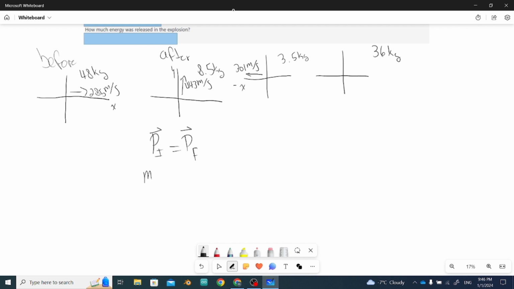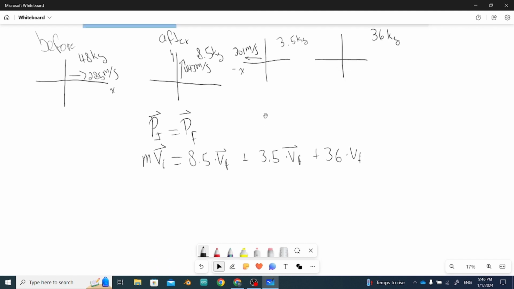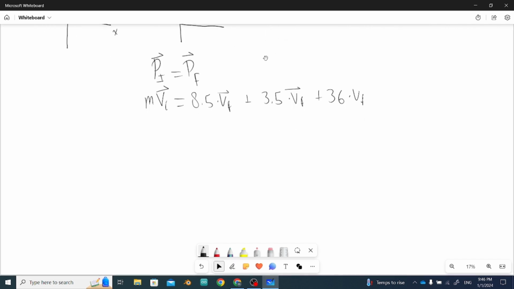So this one, I'm going to leave it like that for now, but after that I'm going to use unit vectors. And then here is going to be 8.5 times VF plus 3.5 times VF, and then plus 36 times VF. So they all have different final velocities. I just want to make sure that I'm clear with that, so I'm just going to number them.